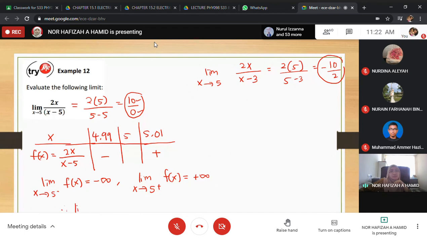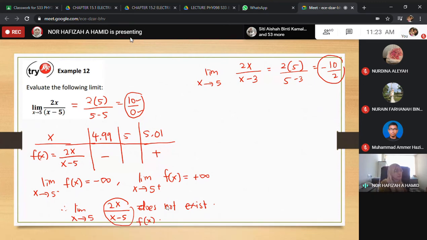So you conclude for two-sided, limit x approach to 5 of 2x over x minus 5 is equal to, does not exist. So does not exist. Okay. So your function ni kalau you nak state as fx pun boleh. Okay. So ini for infinite limit.